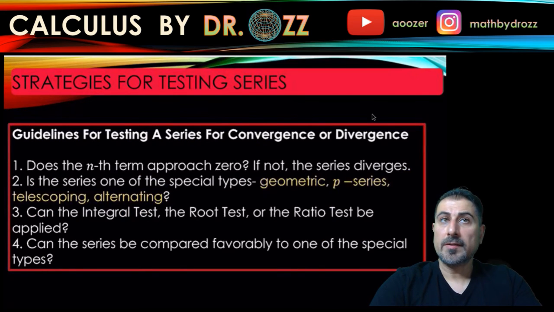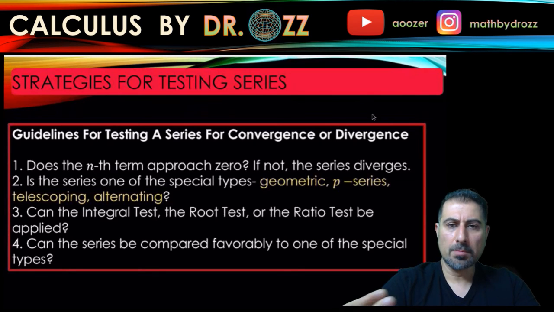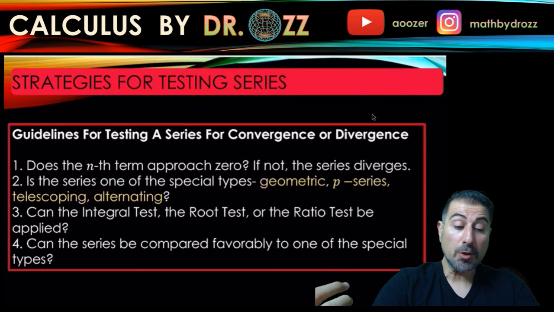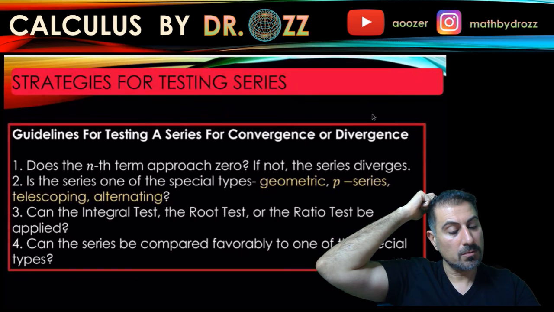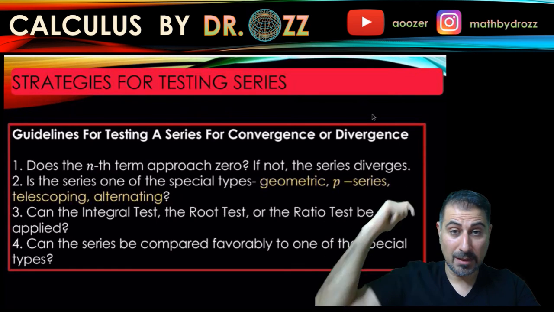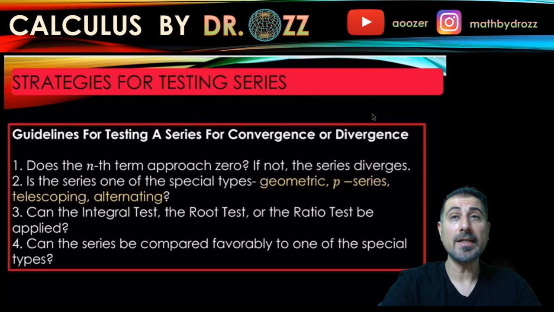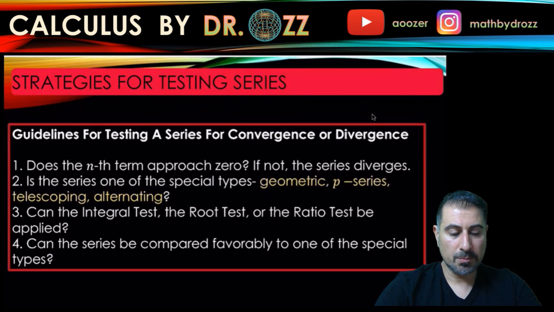I think we took care of all of the series, but to give you some heads up, in the future, please use these guidelines because they tell you exactly in what order you should go to find the best test for the given infinite series. You want the shortest, the less tedious way to prove convergence or divergence.